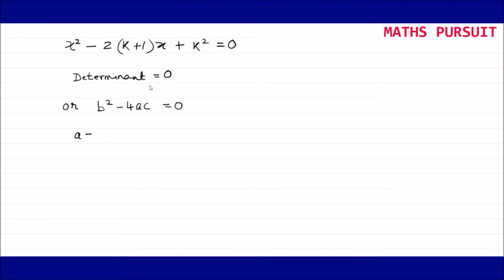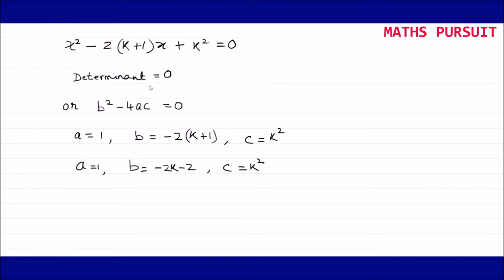So from the above equation, a is equal to 1, b is equal to minus 2(k plus 1), and c is equal to k to the power 2. Or in other words, I can write a is equal to 1, b is equal to minus 2k minus 2, and c is equal to k square. I just took another step to multiply minus 2 into (k plus 1).